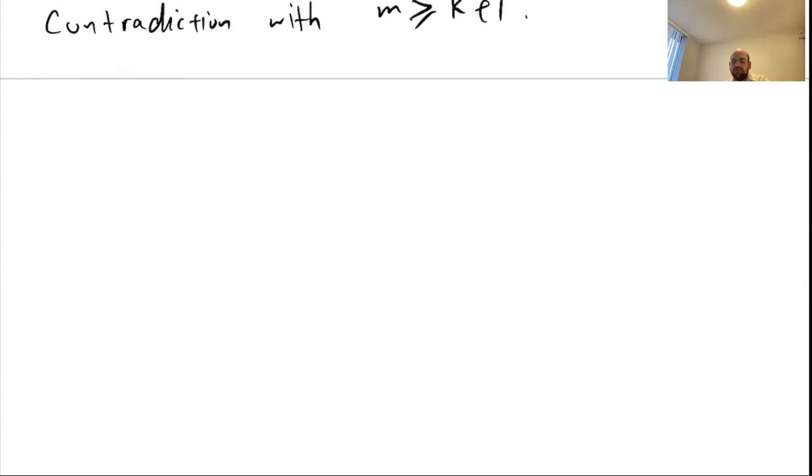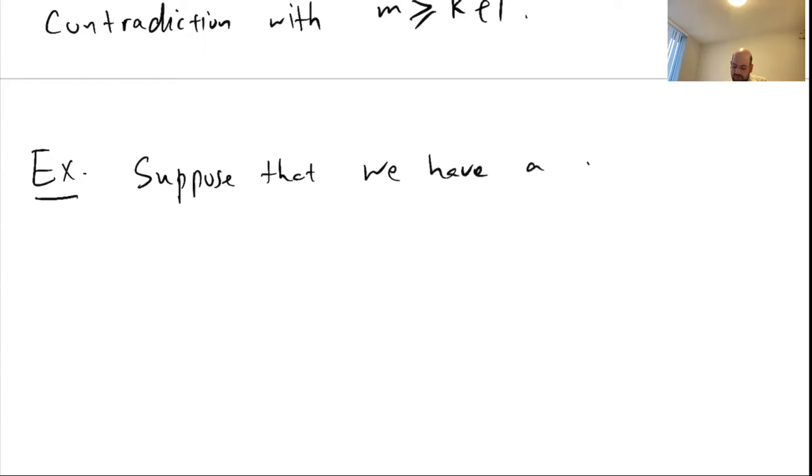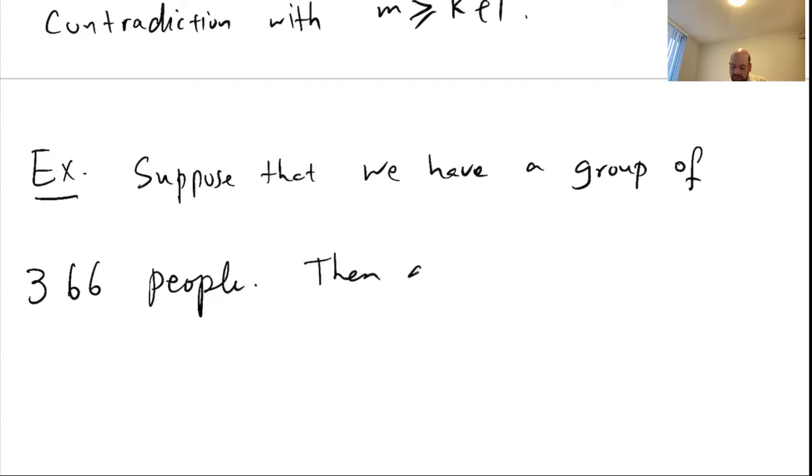All right, so let's look at an example. Suppose that we have a group of 366 people, then at least 2 people share the same birthday.